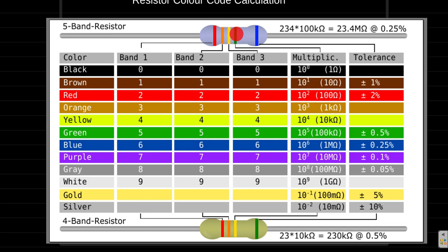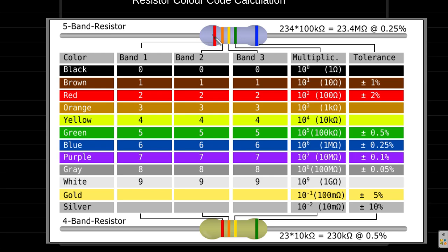The 4th will represent the multiplier, and then the 5th, the tolerance. So the 5th color is always the tolerance. The color to its left is always the multiplier. Then the remaining colors as you go left will be the digits.